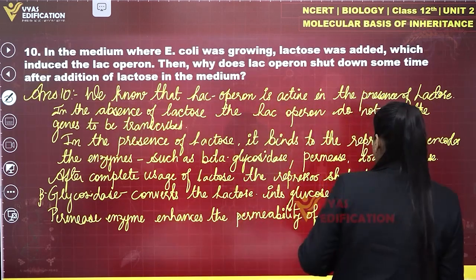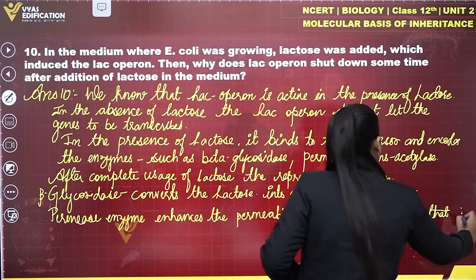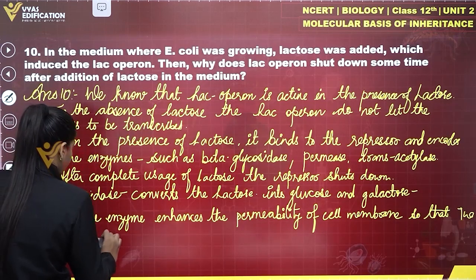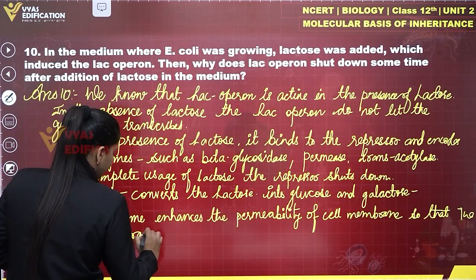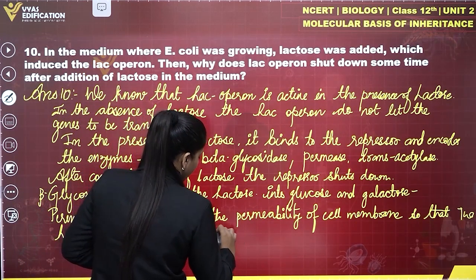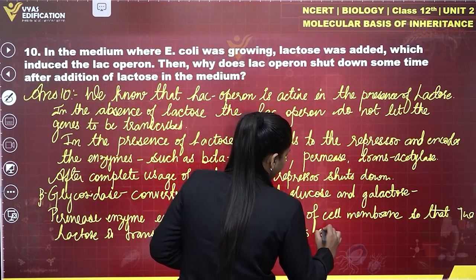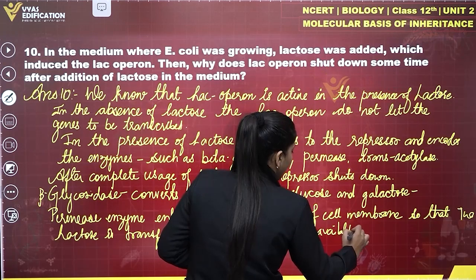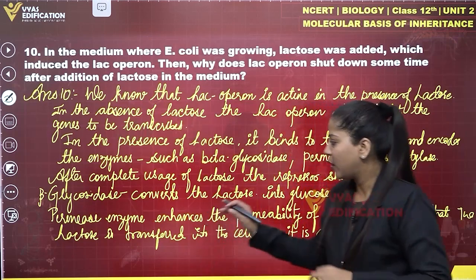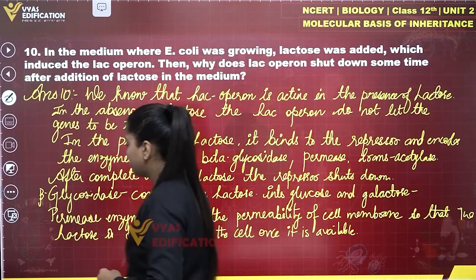So it enhances the permeability of the cell membrane so that the lactose is transferred into the cell once it is available. Once the lactose is available, it can easily transfer into the cell because of the increased permeability of the cell membrane with the help of this permease enzyme.